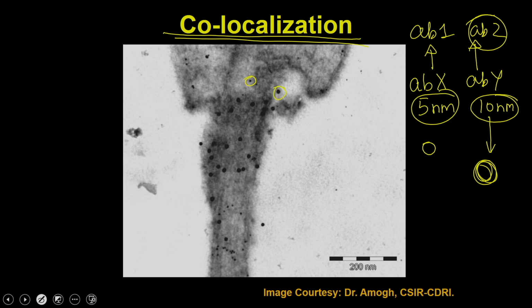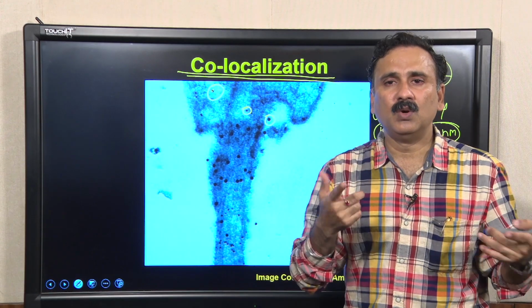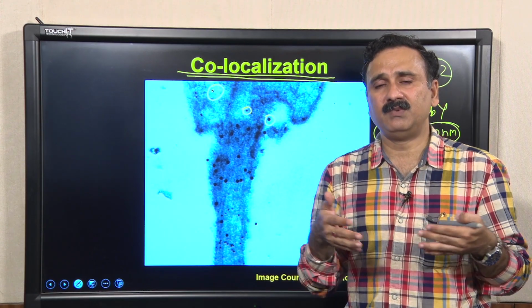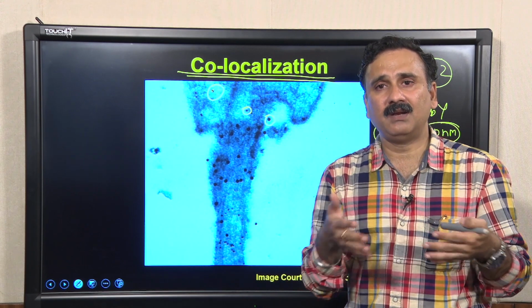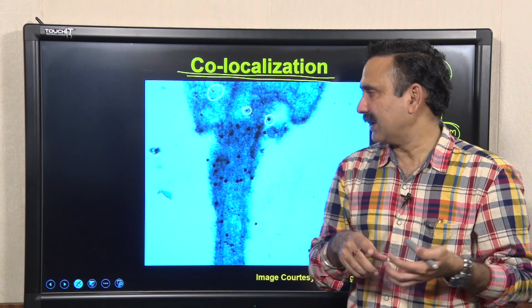In some places, for example here, you will see that the 10 nanometer as well as the 5 nanometer particles are sticking to each other, which means that at this place the proteins AB1 and AB2 are interacting with each other, which means they are co-localizing and probably forming a complex.